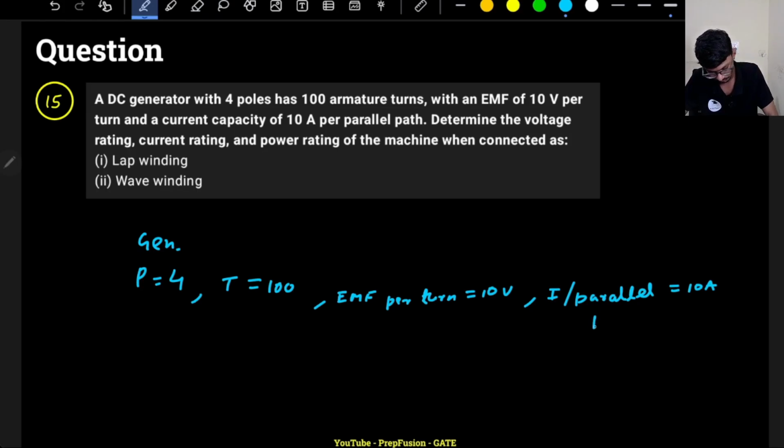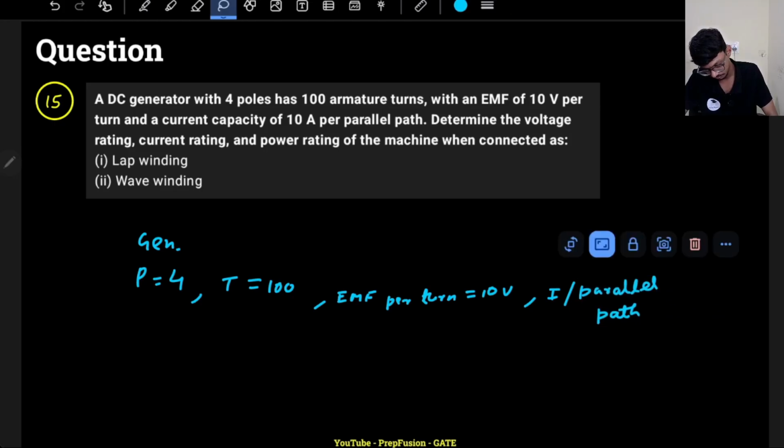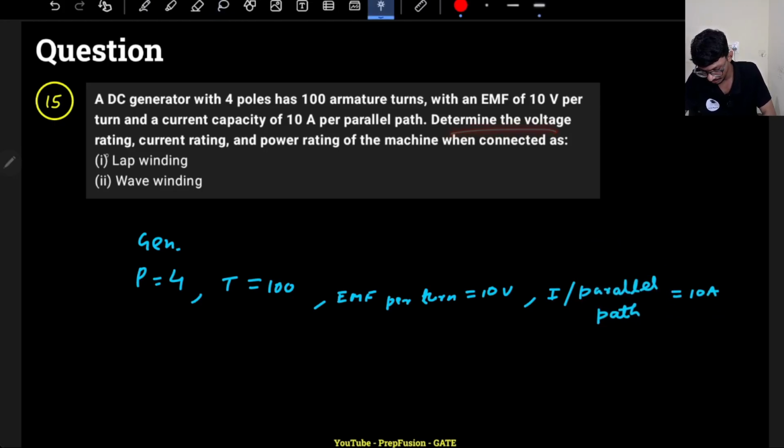Determine the voltage rating. Okay, so I have to determine the voltage rating. So current rating, power rating, all those things, right? Once connected as lap winding and wave winding.